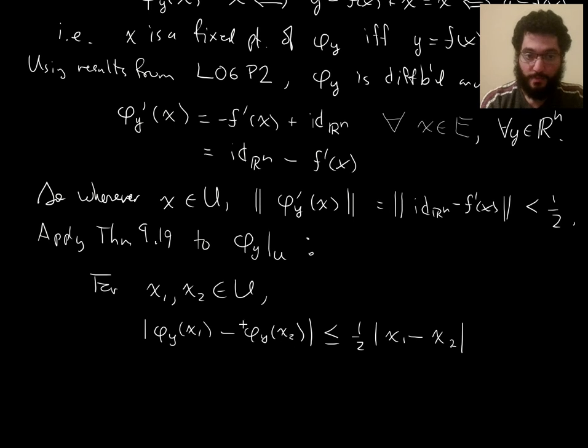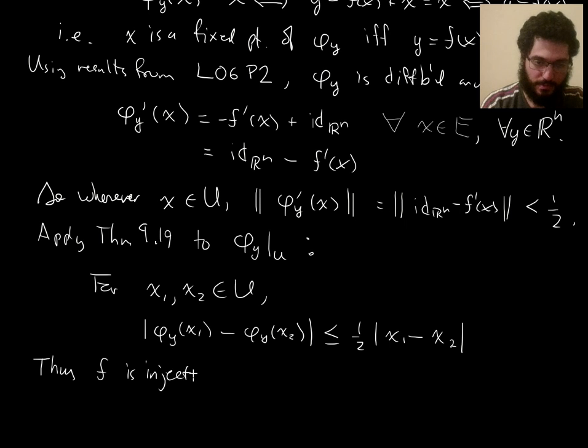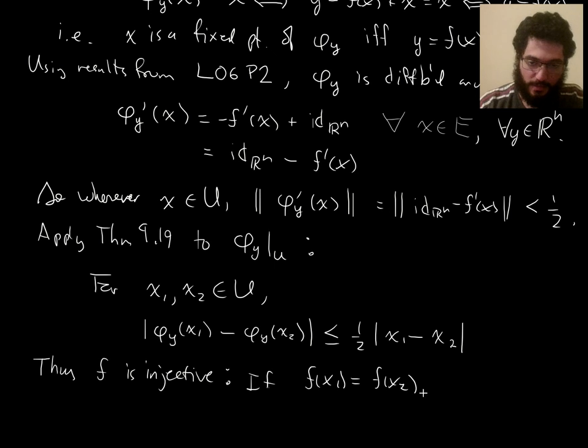But we can at least apply the uniqueness idea in that theorem. So I now claim that we have proven that f is injective. And here's the argument as to why it follows from this. If, say, f of x1 equals f of x2, and let's call that y, so let's define y for the moment to be whatever is this common output.